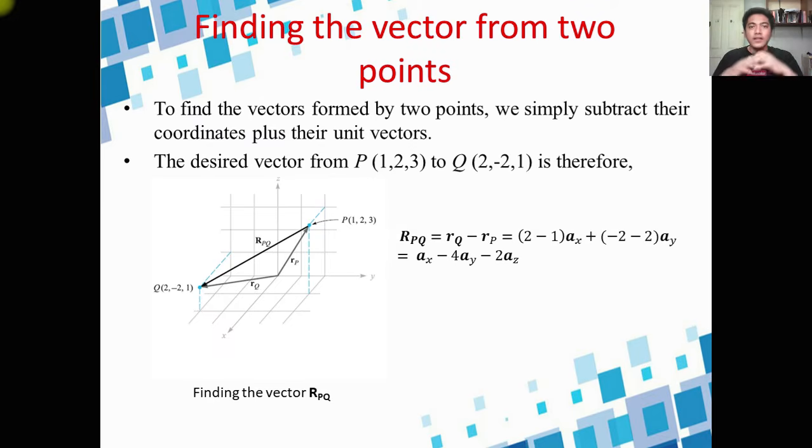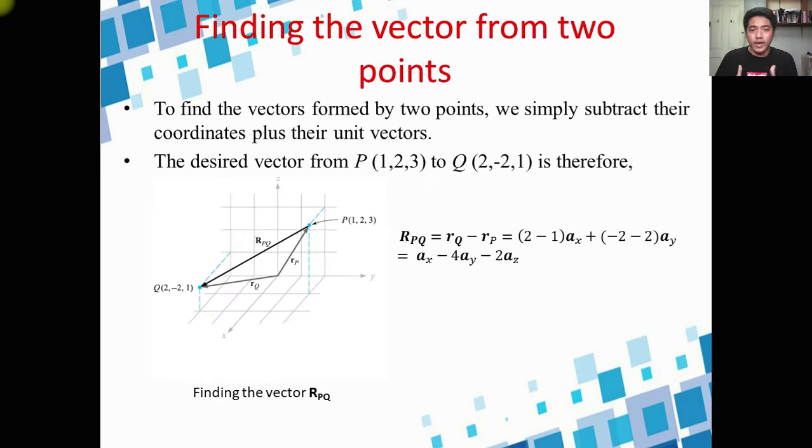Okay. Finding the vector from 2 points. To find the vector formed by 2 points, we simply subtract their coordinates plus their unit vectors. For example, we are given 2 points in the xyz coordinate system: 1, 2, 3 and 2, negative 2, 1.